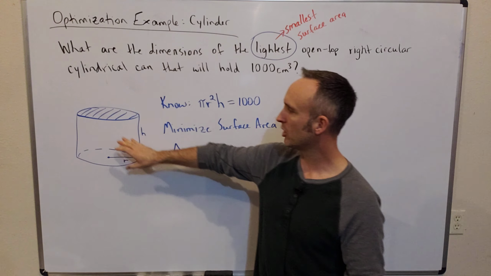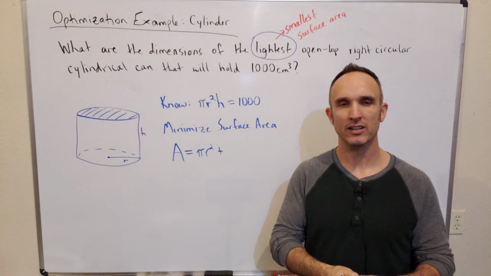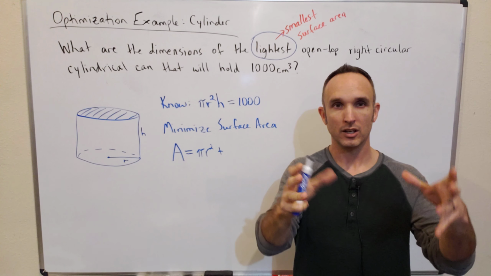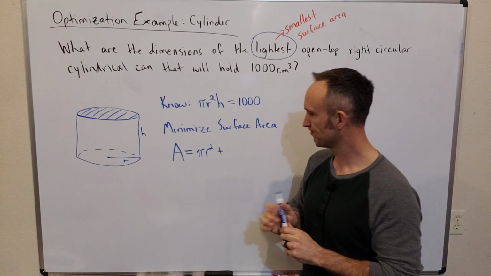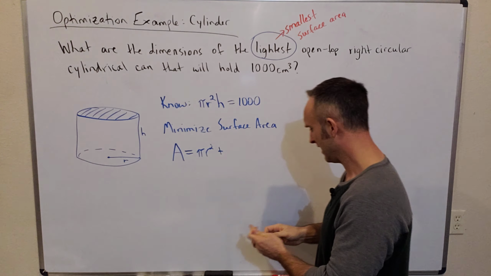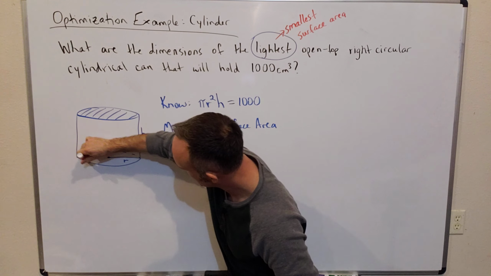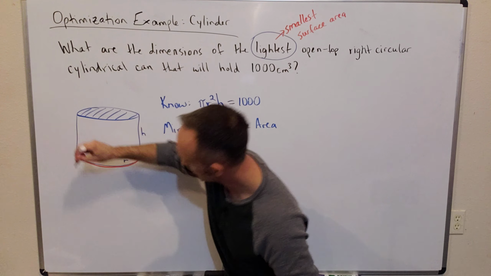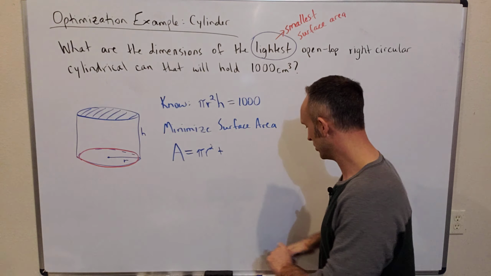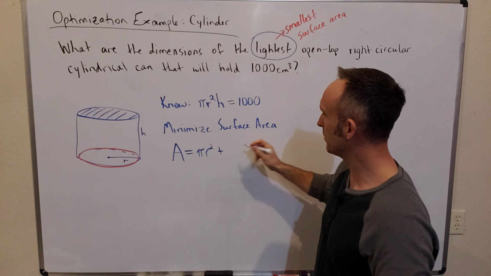Now, that's what we call lateral surface area, the area of the wall that surrounds the inside. And the way to do that is to take the perimeter of this base, which is a circle. So you take the perimeter of that, so that's 2 pi r.